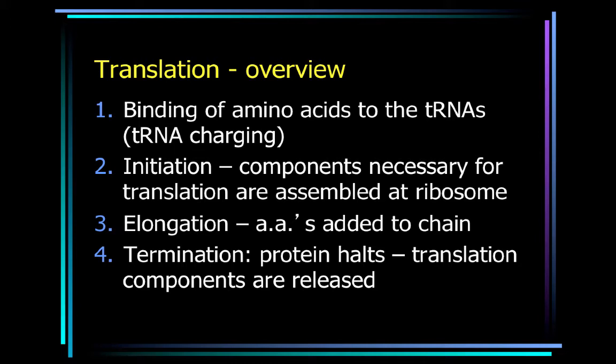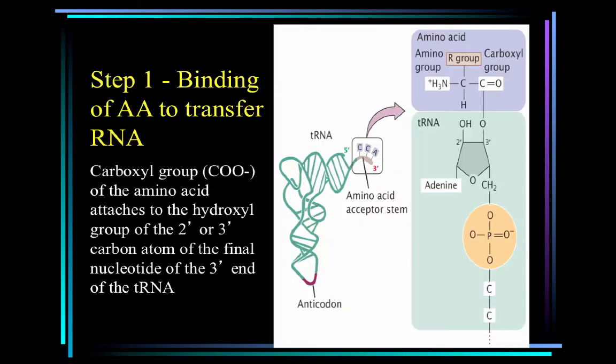We then move into initiation, and in initiation is where all of the components that are necessary for the translation process are assembled at the ribosome. That leads us into elongation, where the amino acids are going to be added to the polypeptide chain. And then finally, termination, and this is where protein synthesis halts and the translation components are then released.